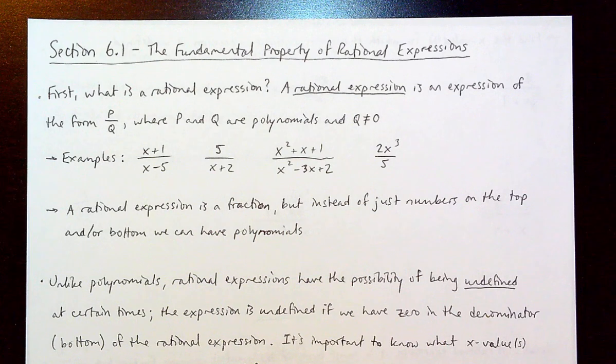Now, there's a big difference between polynomials and polynomial expressions, the things that we talked about in Chapter 4 and Chapter 5, and rational expressions. Rational expressions have the possibility of being what's called undefined.